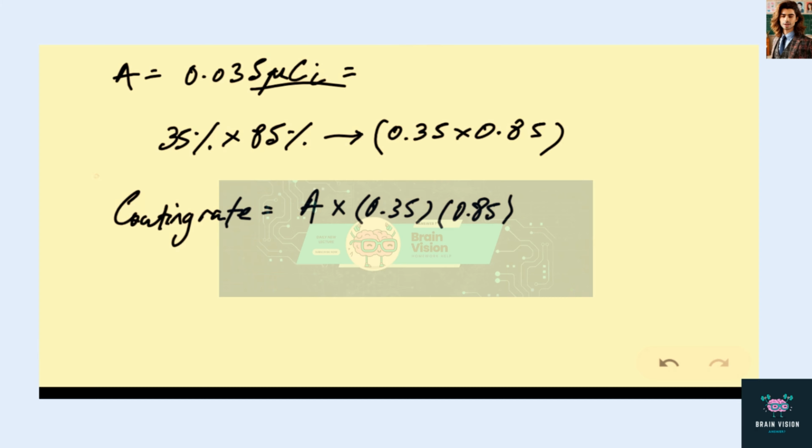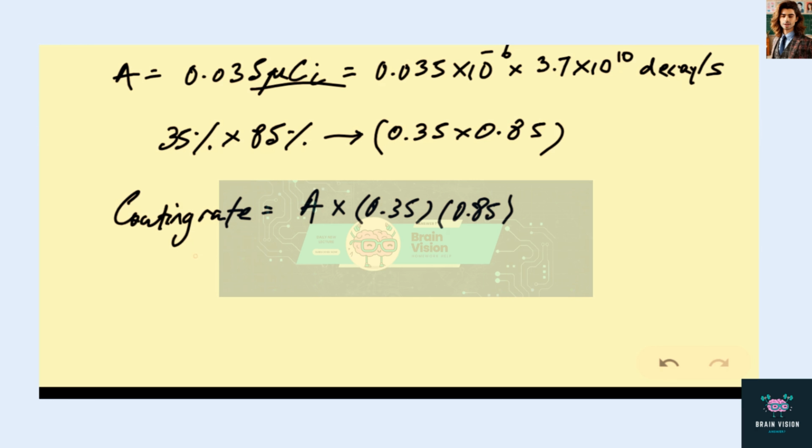So we take 0.035 times 10 to the power minus 6, this in terms of curies, and then we multiply that by the conversion factor from curie to decays per second, that is 3.7 times 10 to the power of 10, and we should get decays per second.